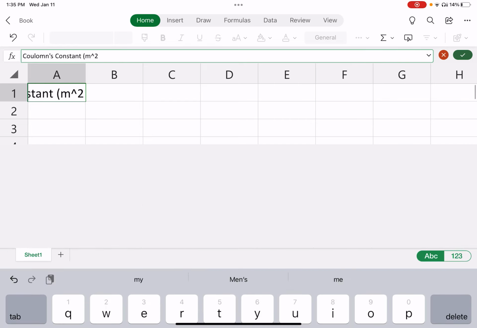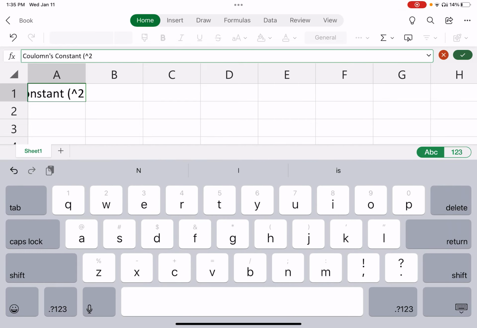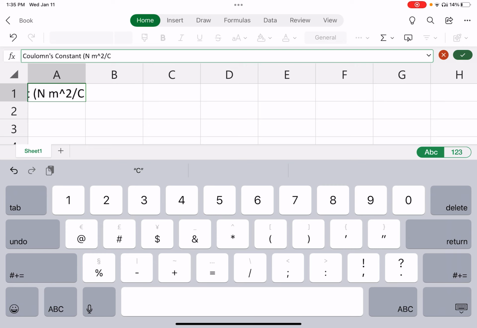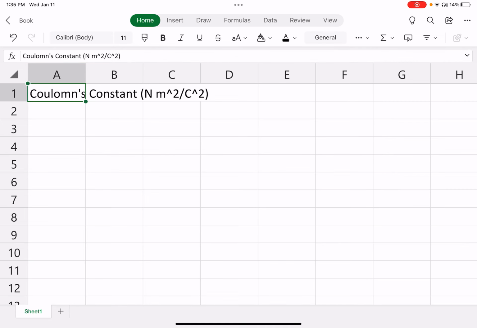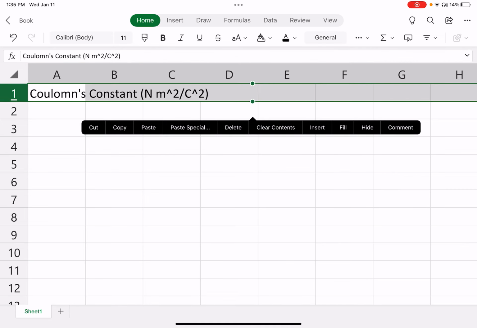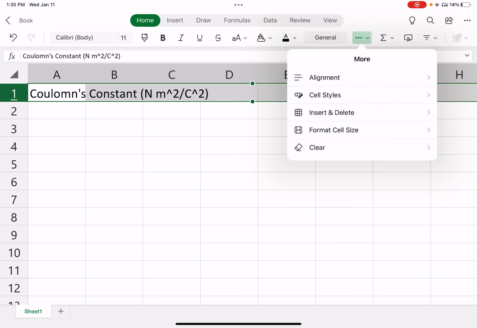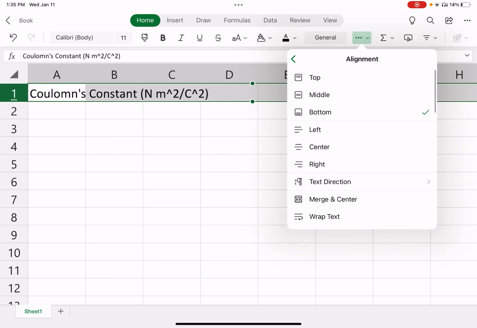Well, I'll just go ahead and say Newton times a meter squared divided by a Coulomb squared, so capital C squared. Now, one of the things I like to do is set up some alignment here.